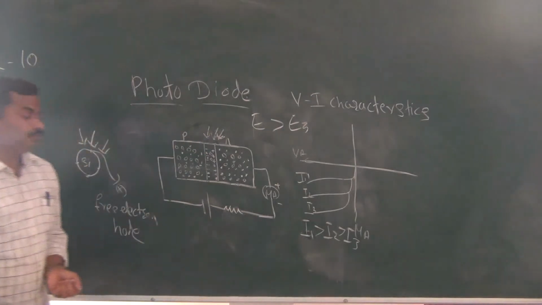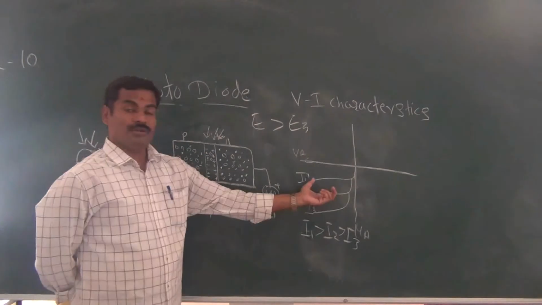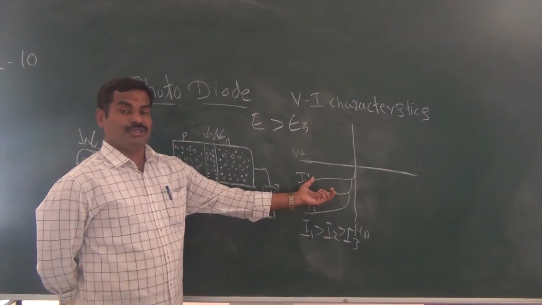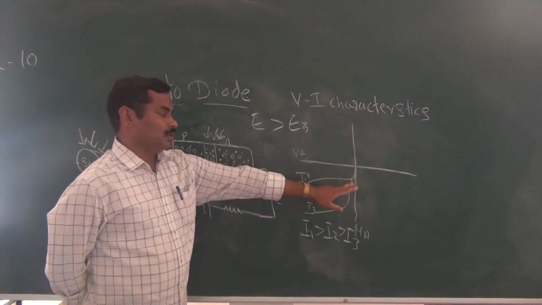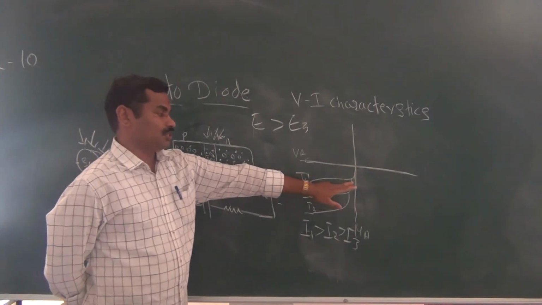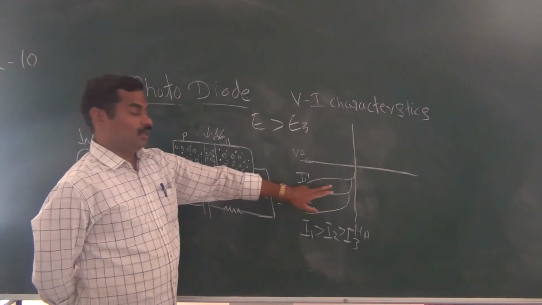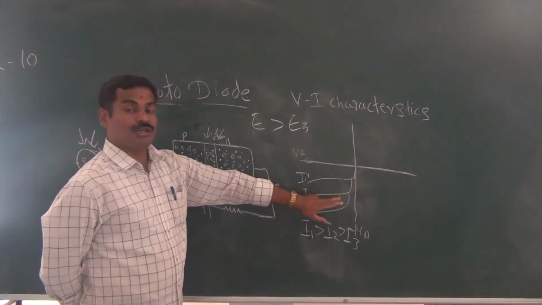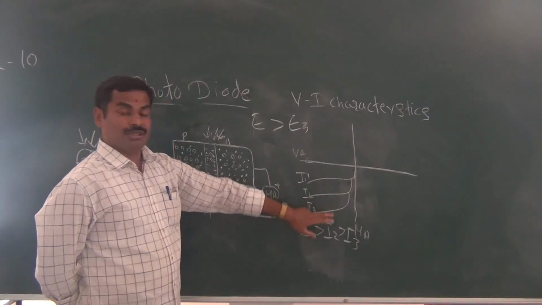If you draw the VI characteristics, in the beginning, with very few photons incident, you get very little current. As the number of photons and incident light increases, the reverse current also increases.